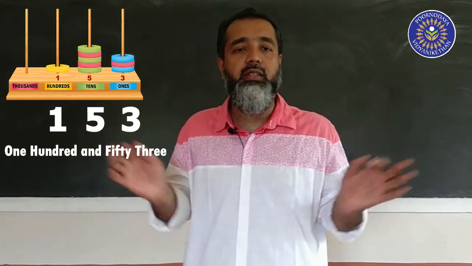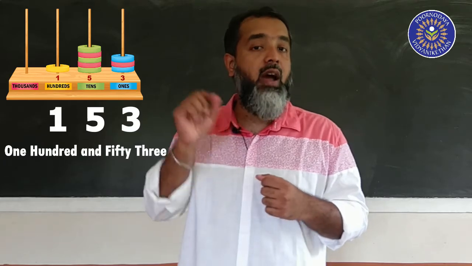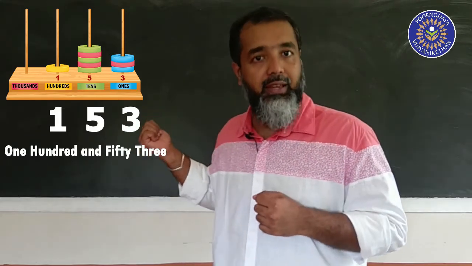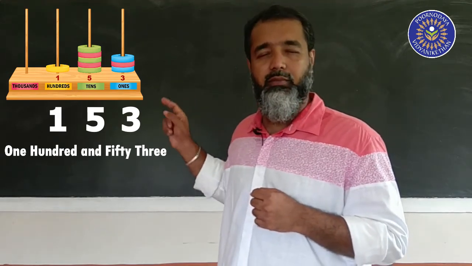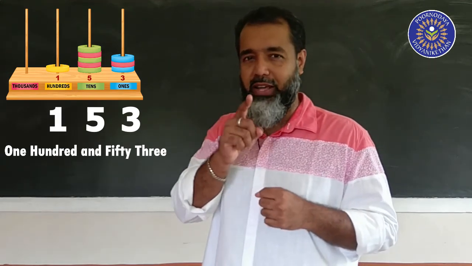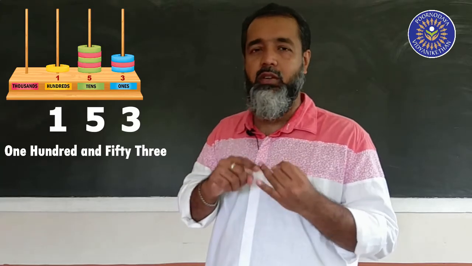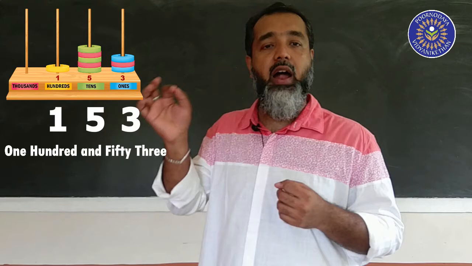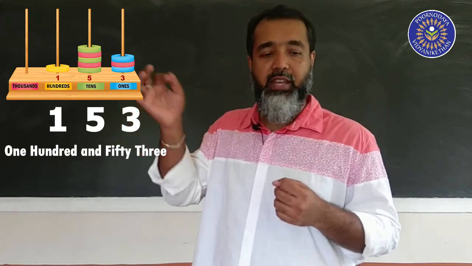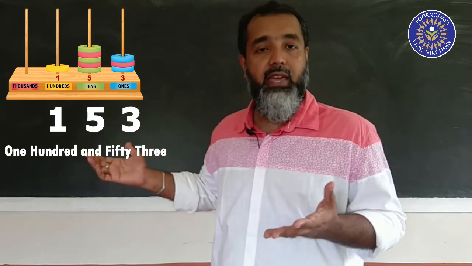So 150. Now in the ones place, how many rings? We already counted it. You forgot actually. It's 1, 2, 3. Yes, it's 3. So 153.